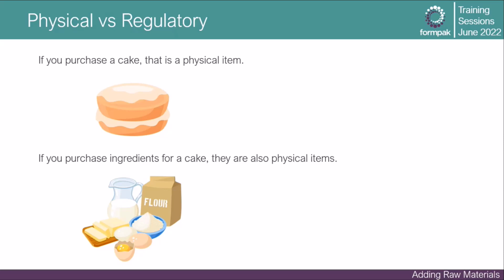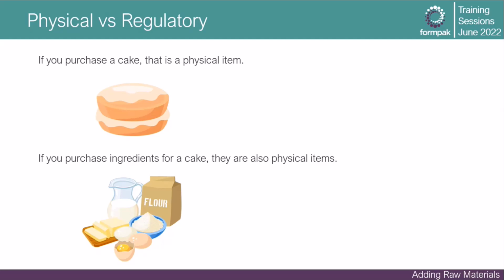Here's a little example to help you consider the two different sections. If you buy a cake, that's a physical item. You can go into a shop, you can buy a cake, you walk out with a cake. You can also go to a shop and buy the ingredients for a cake.